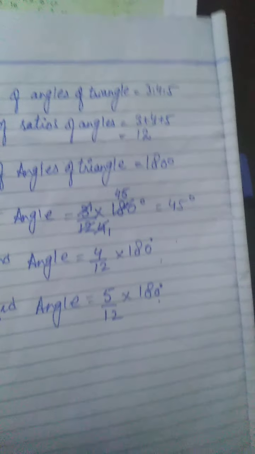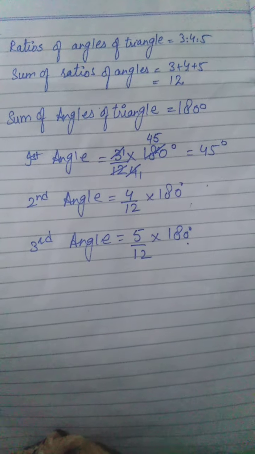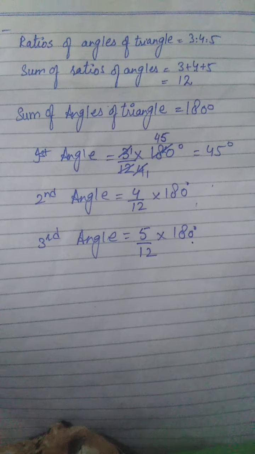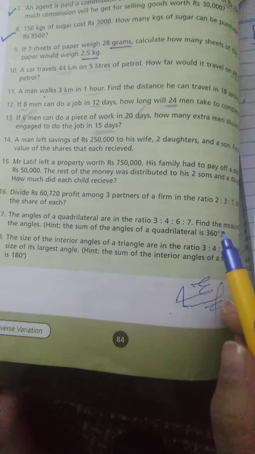Hope you now have a concept of how to solve the remaining two parts and tell which angle is bigger. Solve these two questions by yourself. And question number 16 is similar to question number 17 and 18. You have to solve it by yourself.